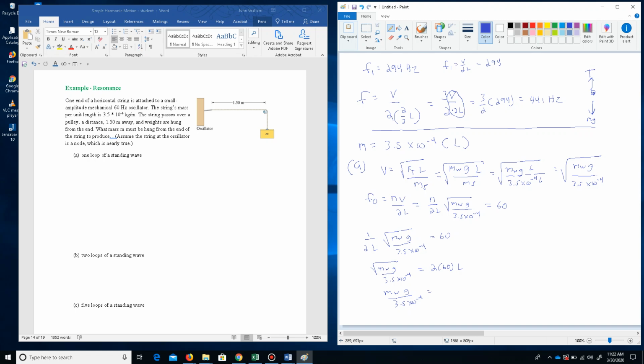This is going to be 4 times 60 squared times L squared. And then multiply by the 3.5 and divide by g. And so you get the mass of the weight is 3.5 times 10 to the negative 4 over g times 4 times 60 squared times L, where L is 1.5.